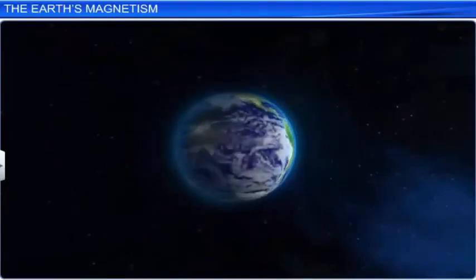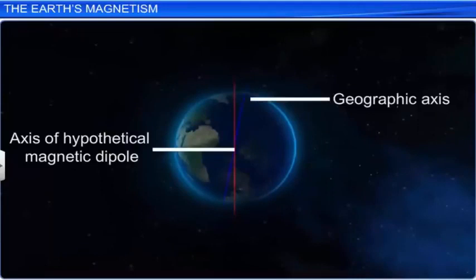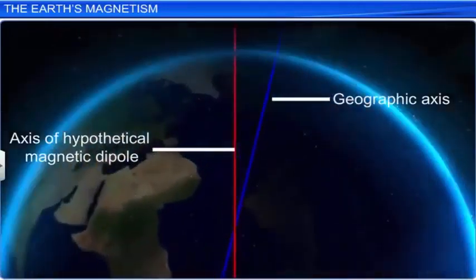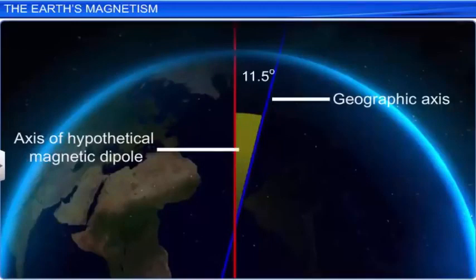However, the axis of the hypothetical magnetic dipole assumed at the center of the Earth does not coincide with that of the geographic axis of the Earth, about which it rotates. The angle between the axis of the dipole and the geographic axis of the Earth is approximately 11.5 degrees.